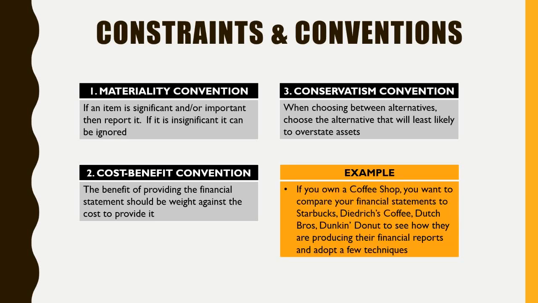Okay, so I gave you an example, right? If you own a coffee shop, you would definitely want to compare your financial statements to somebody like Starbucks, Dietrich's Coffee, Dunkin' Donuts, Dutch Bros, right? Because they're all in the same industry. They're all in the same restaurant industry, and even specifically, they sell a specific beverage product that you also sell. So your best bet is to ask, why are these companies doing so well compared to your company?